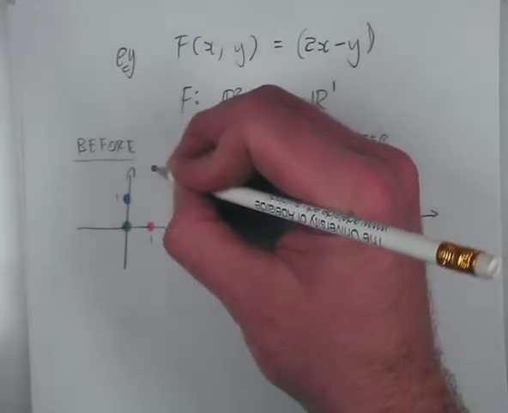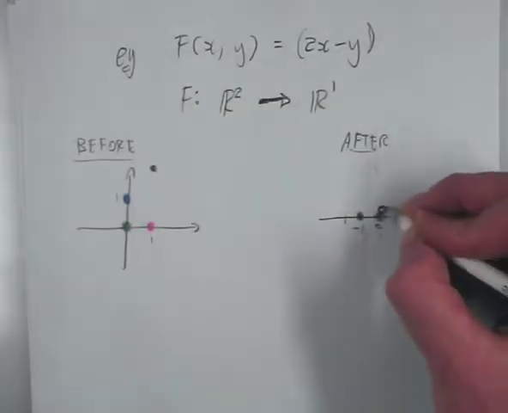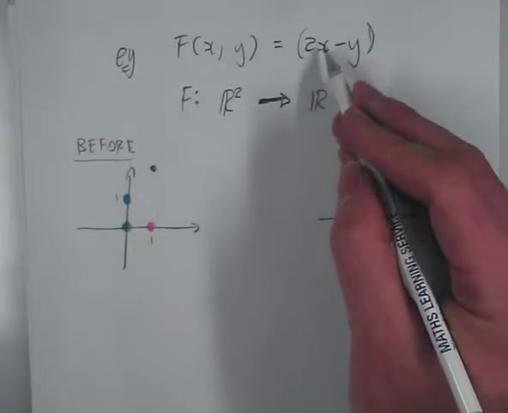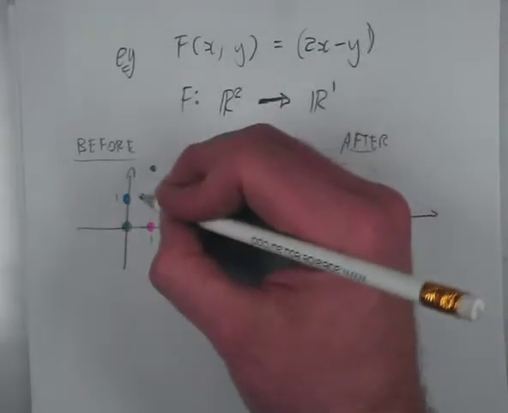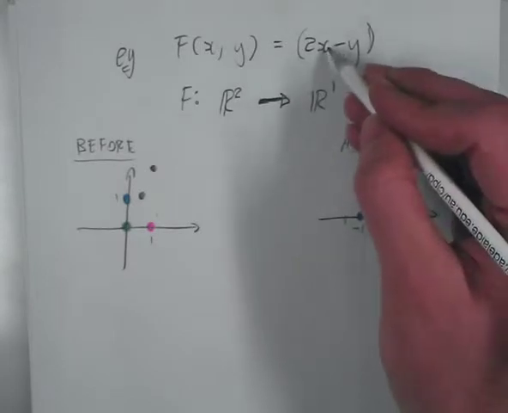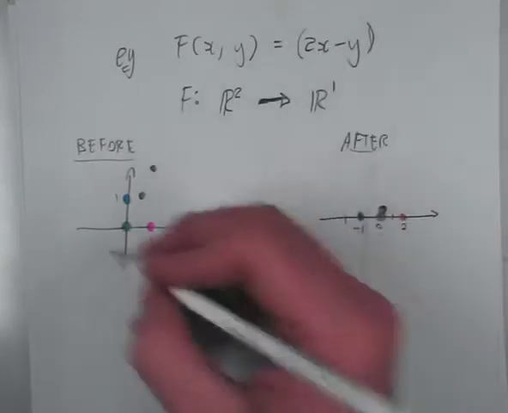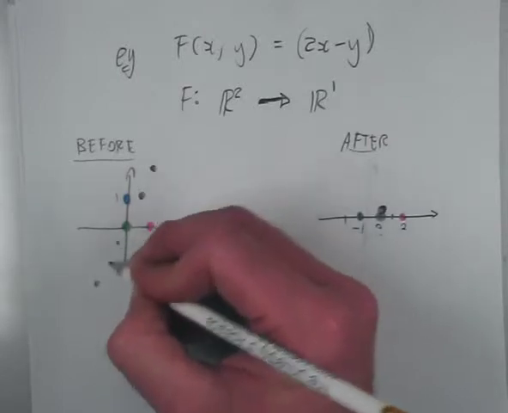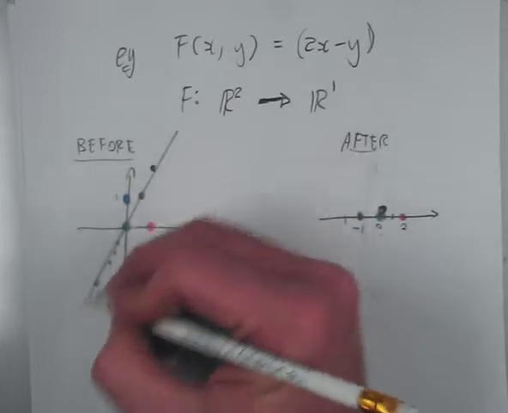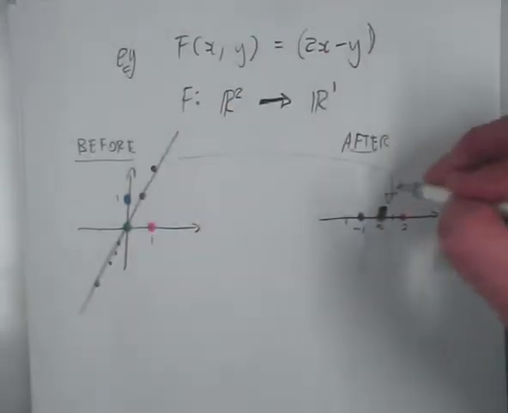So it'll end up here as well. And the point a half, 1 would also end up at 0. And the point minus 1, minus 2 would also end up at 0. And in fact, anything on this line, that entire line, when you do the linear transformation, will end up here at 0.